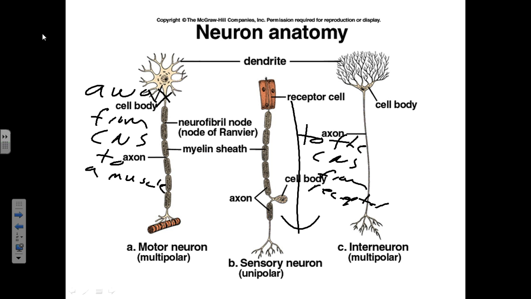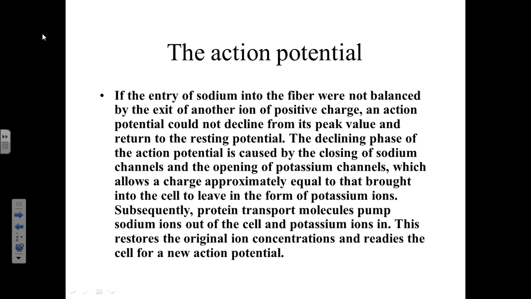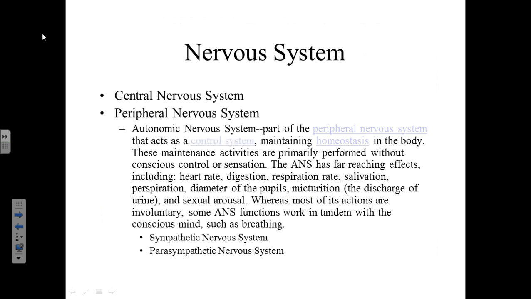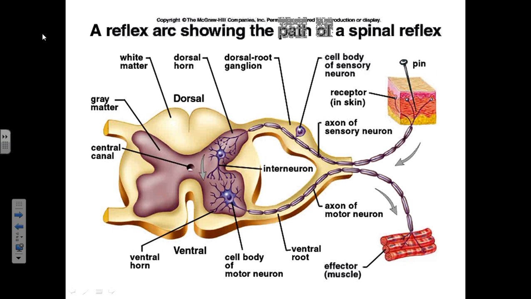And then interneurons usually connect these two together. Specifically during what kind of setup? When do you want these two things directly connected together? Sensory to motor neuron. How about during a reflex? And this is what we call a reflex arc.